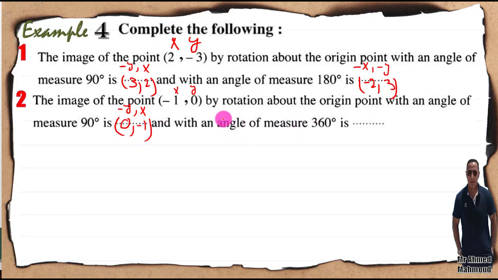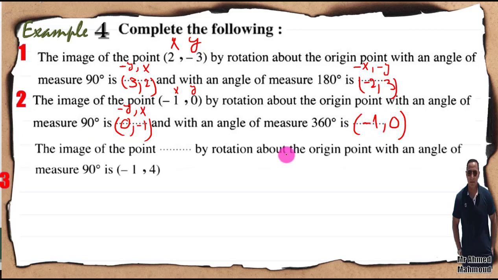And if I need to make a rotation 360, it will be without change, negative 1 and 0.